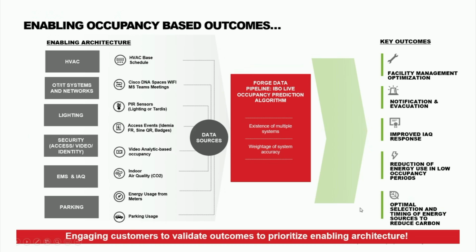Notification and evacuation, of course, because we're dealing with fire and security. We want to be able to help identify where people are in the building to assist in any evacuation if required. Improved indoor air quality. CO2 is quite a heavy set of molecules, and it's actually a nice carrier of pathogens.